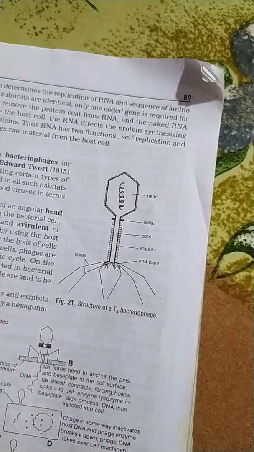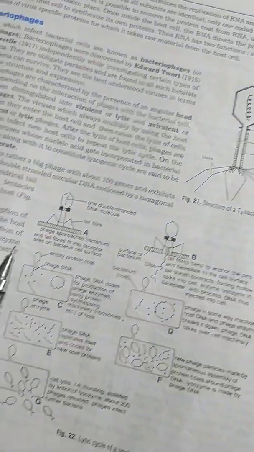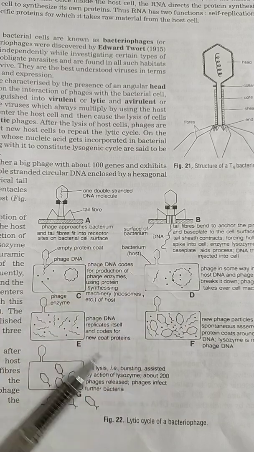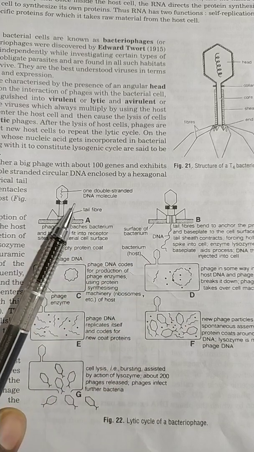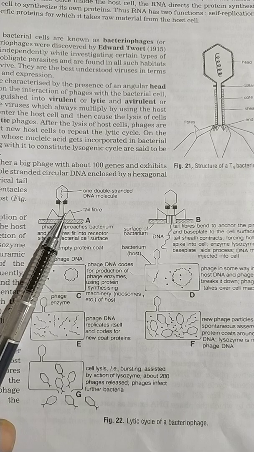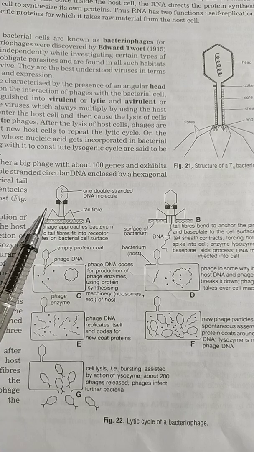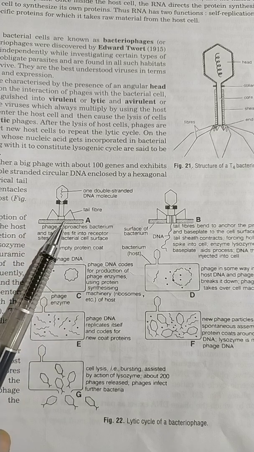Infection process. Let us see this particular diagram here. It will be made clear if we keep on looking intently at this diagram. We see that viruses always multiply by using the host machinery.